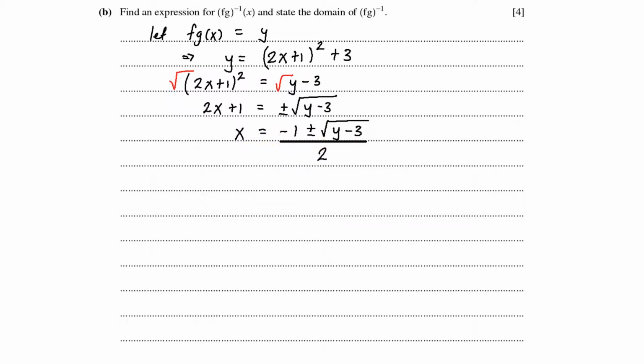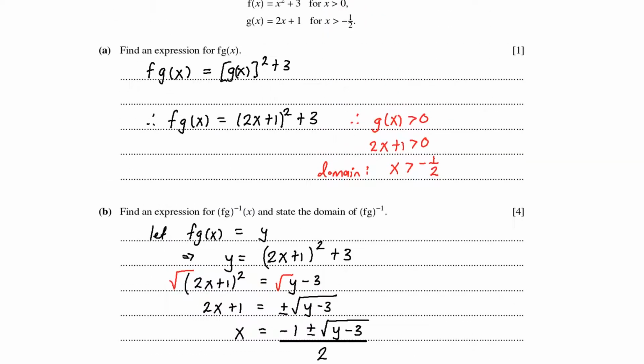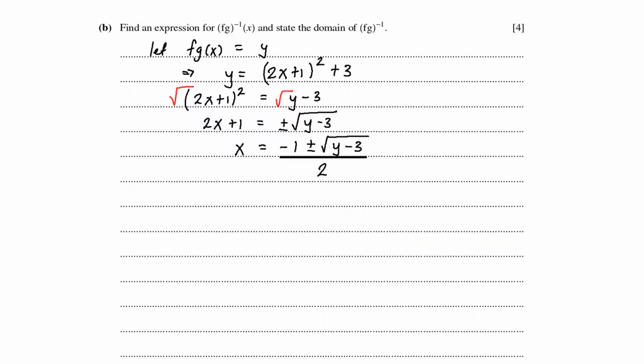Now, I would want you to notice that the function fg is restricted for the domain which is to the right of the axis of symmetry, which is x greater than minus a half. This means that we are going to take x is equal to minus 1 plus the square root of y minus 3, all over 2, since x should be greater than minus a half.